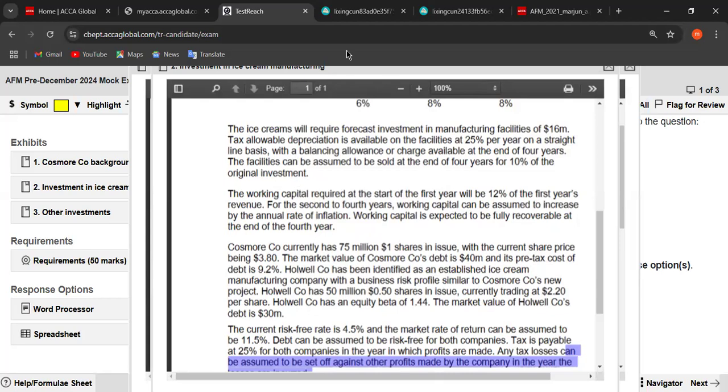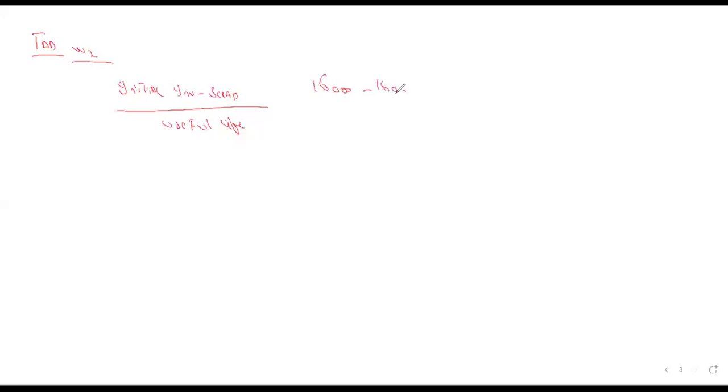So how much will that be? 1,600. Useful life 4. So how much capital allowances? 16,000 minus 1,600 divided by 4, that is 3,600. Just let me see. Hold on.